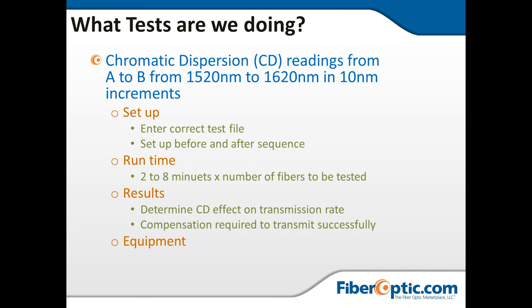The result is we're going to get a very detailed report on CD. We're going to find out what the chromatic dispersion was at each one of these wavelengths we tested, and we will know precisely how much compensation is going to be needed between the two test sites. That's vastly important, because if we undercompensate, we're never going to catch up and will ultimately fail.